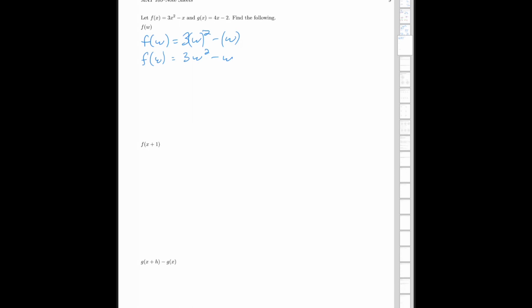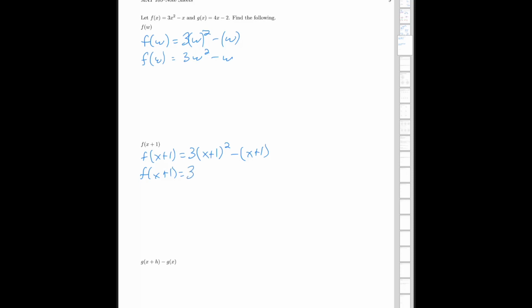But I can also input more complicated expressions. So for example, I could find f of x plus 1, but it's exactly the same idea. I'm going to plug in x plus 1 for x in the function. So instead of 3x squared, I get 3 times x plus 1 squared minus, and instead of x, I get x plus 1. Substituting in parentheses, and now I need to simplify.